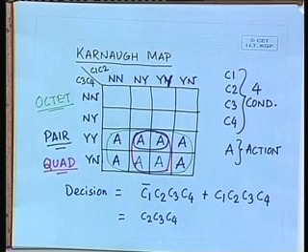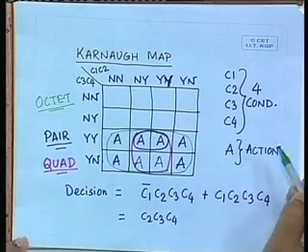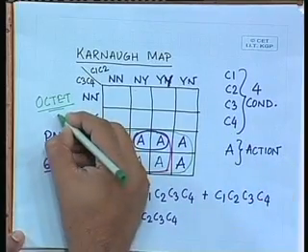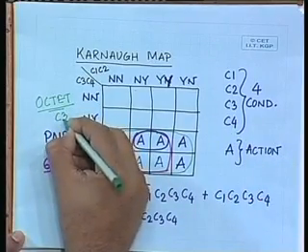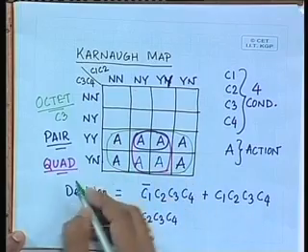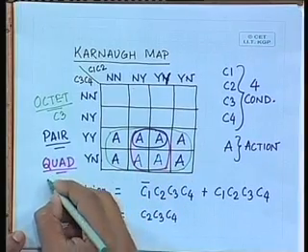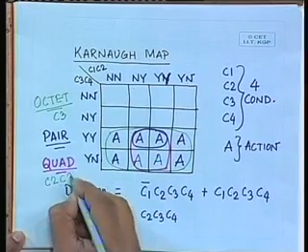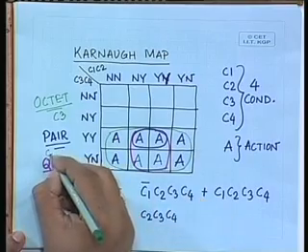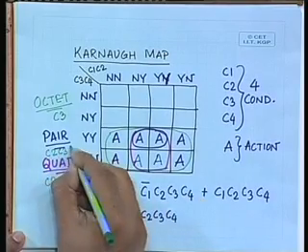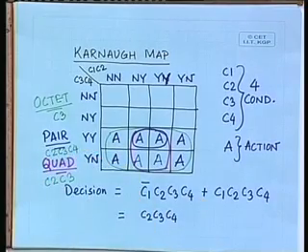So, C3 will remain. The value of this octet is therefore C3. What is the value of the quad? C2, C3, and the pair we have already seen is C2, C3, C4.